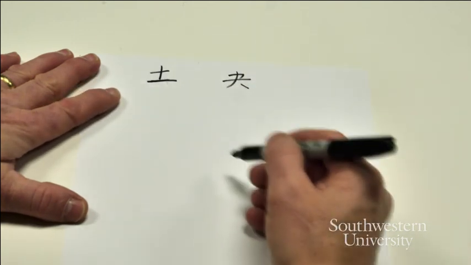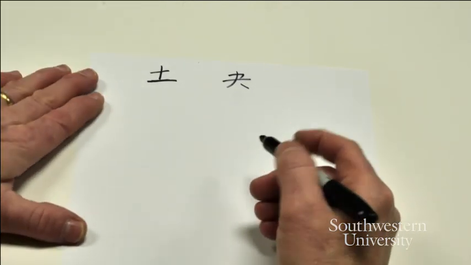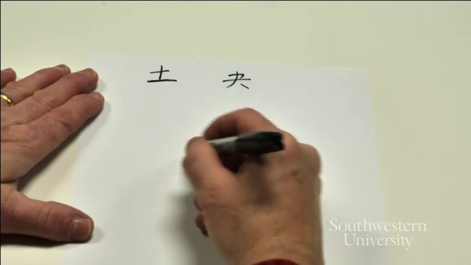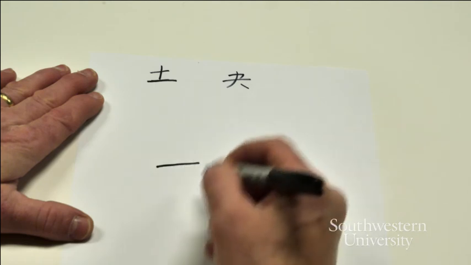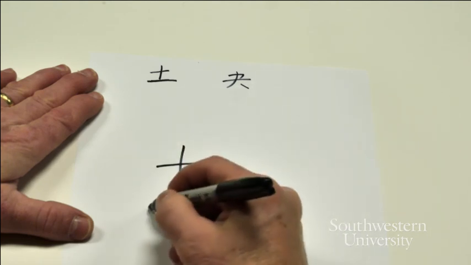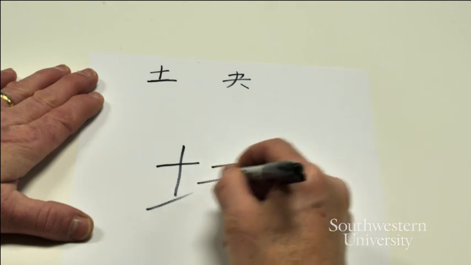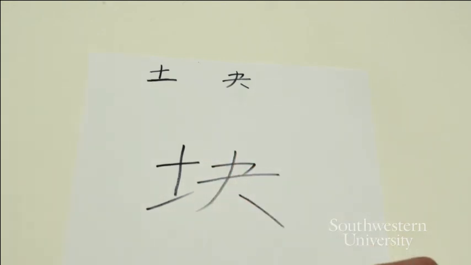So kuai by itself means a piece of earth, or a chunk or a piece of something. In this case, it is $1, a piece of money. Hung, shu, ti, hung, zhe, hung, pie, na, kuai.